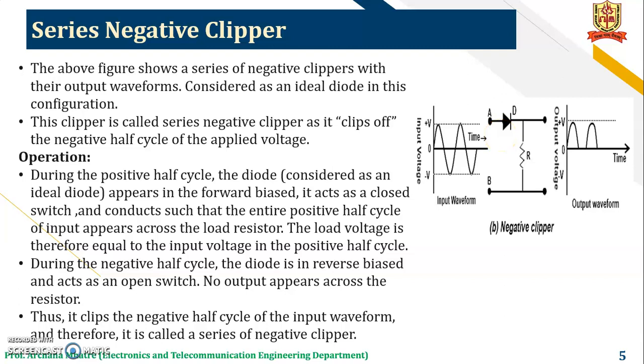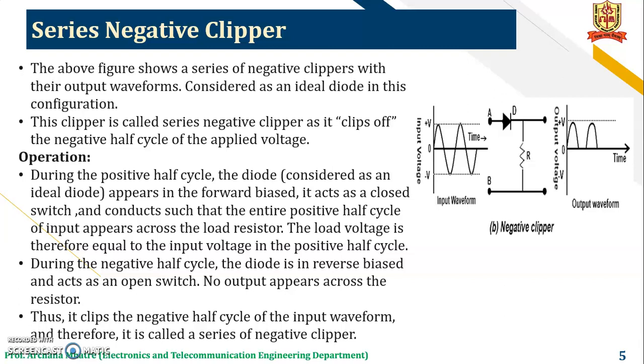So it is called series negative clipper. The above figure shows the series negative clipper with its output waveform. Considering an ideal diode in this configuration, this clipper is called series negative clipper as it clips off the negative half cycle of the applied voltage.